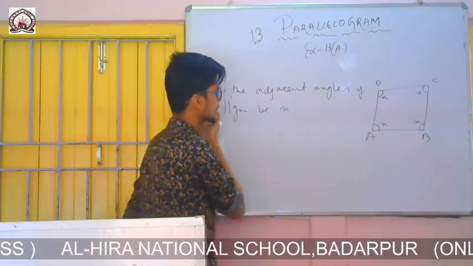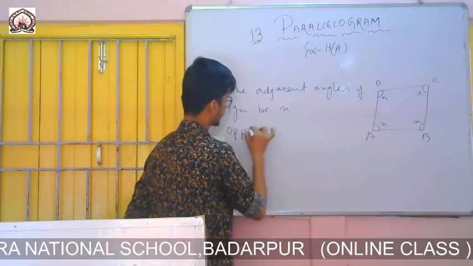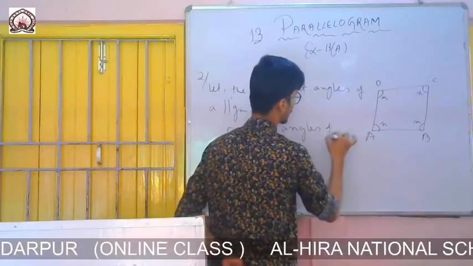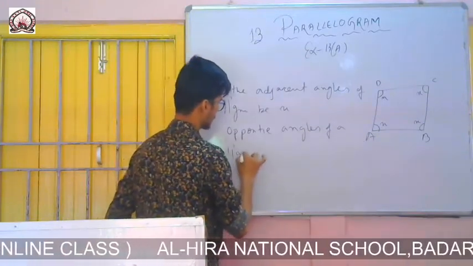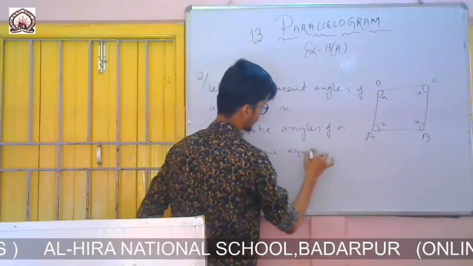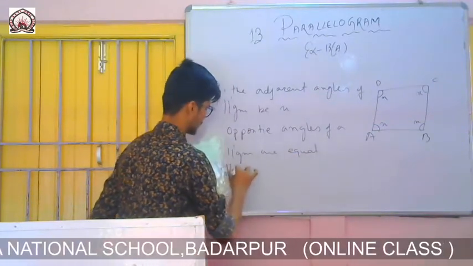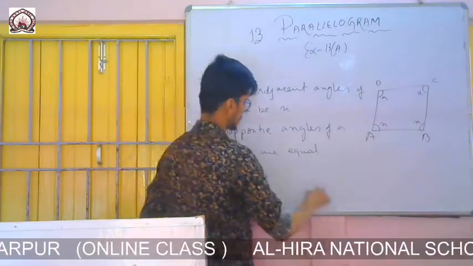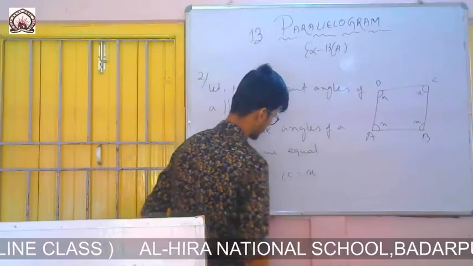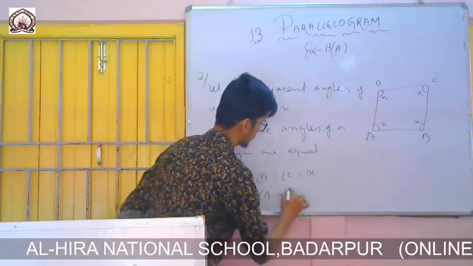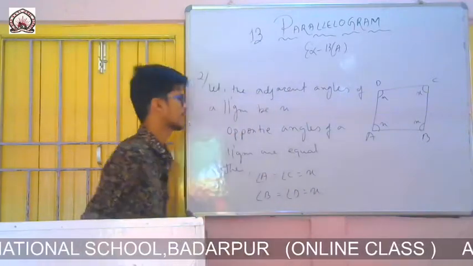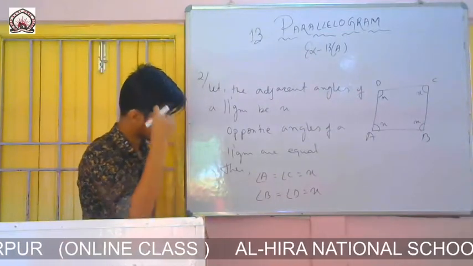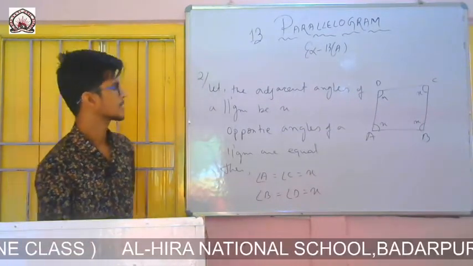Since opposite angles of a parallelogram are equal, angle A equals angle C equals x, and angle B equals angle D, which is also x.